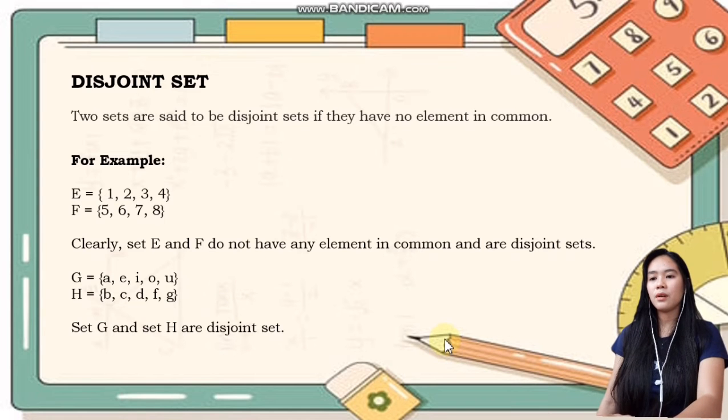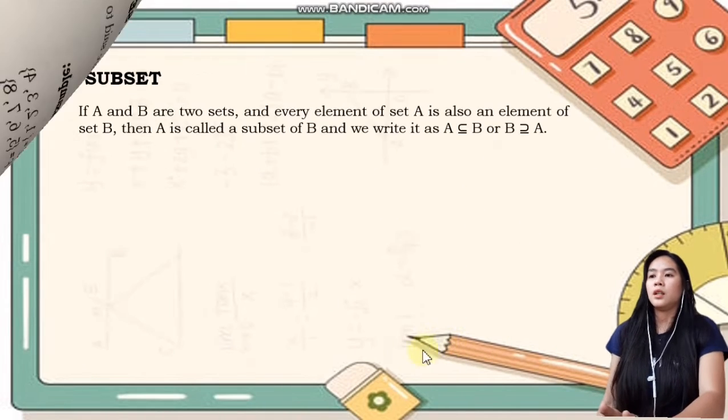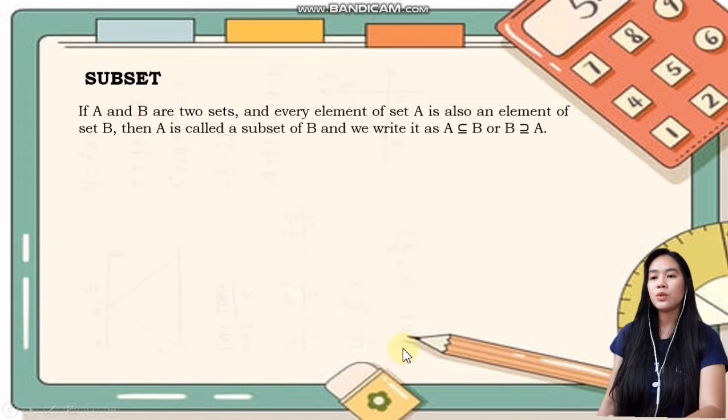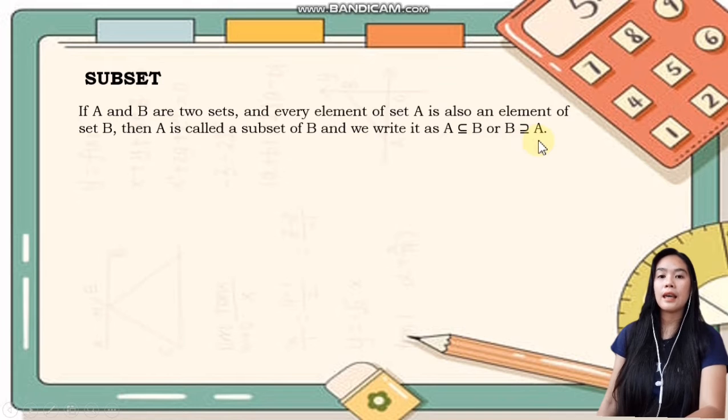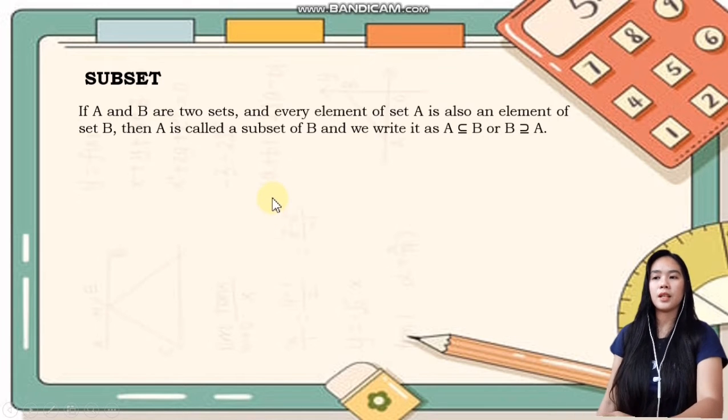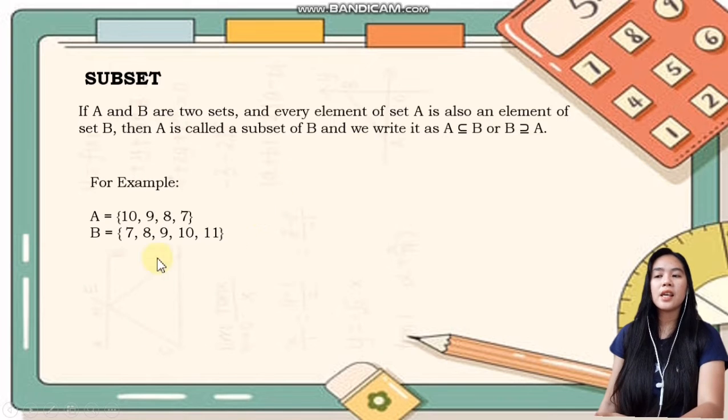So, another type of set is the subset. If A and B are two sets and every element of set A is also an element of set B, then A is called a subset of B and we write it as A subset of B or B superset of A. Ibig sabihin, kapag ang element ng ating set A ay element din ng ating set B, then masasabi natin na A is a subset of B. So, for example, set A is equals to 10, 9, 8, 7.